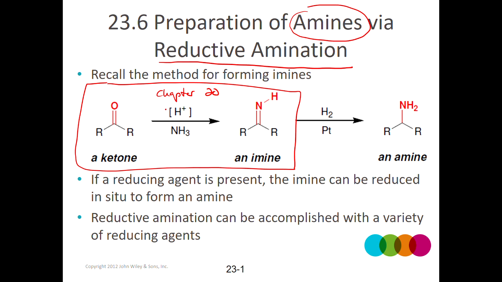We saw how, with just the right pH, we can get this oxygen to pick up one of these protons, and that makes this ketone or aldehyde, where these R groups could also be hydrogens, much more electrophilic at the carbonyl site, so the nitrogen can attack, push electrons up, and that gives me something like this.